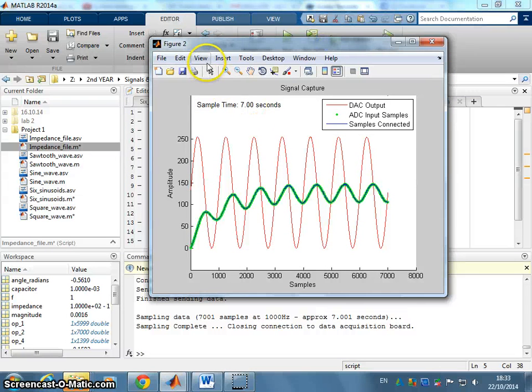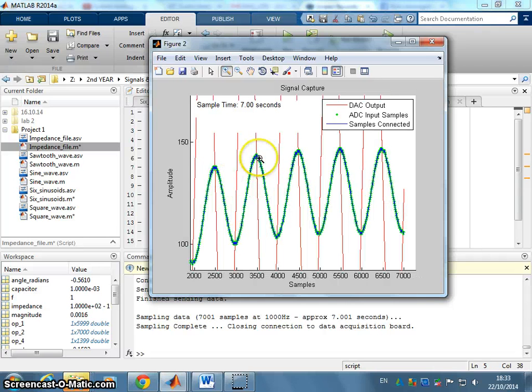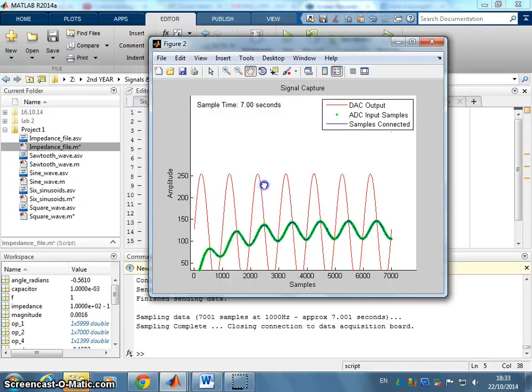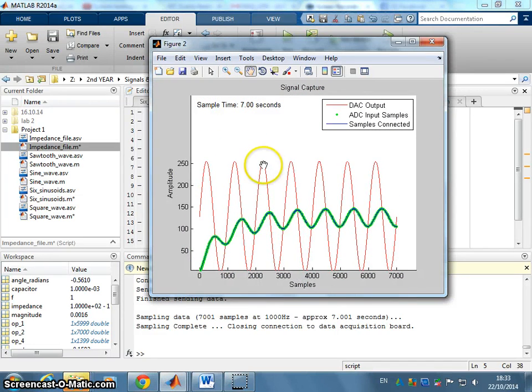There you go, and we should see a slight shift between two waves, which is clear. That peak does not correspond to the peak of the voltage sinusoid or the voltage signal being sent in, which is here. So we verified our sine wave.